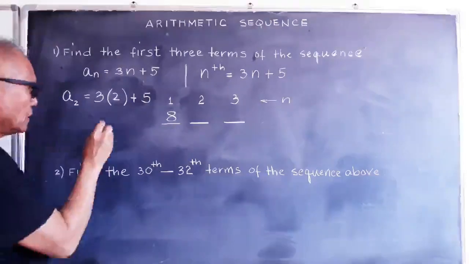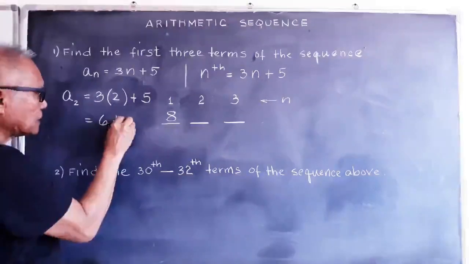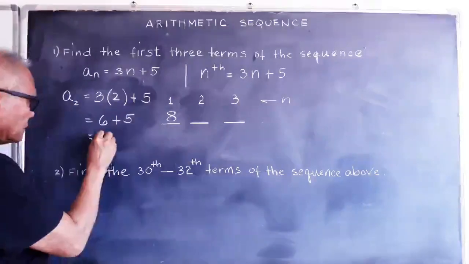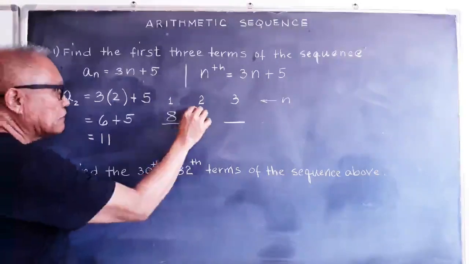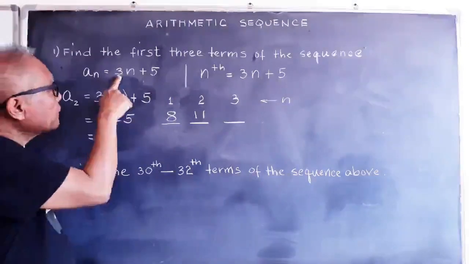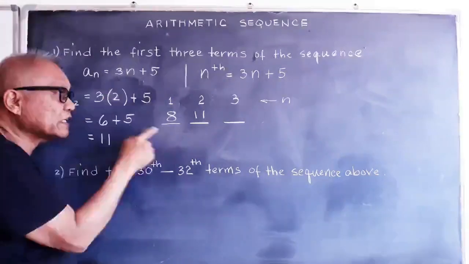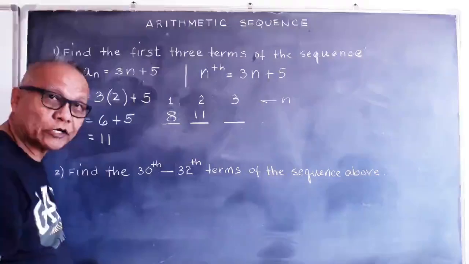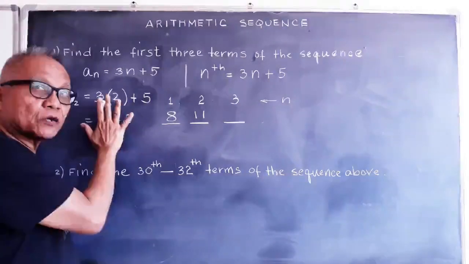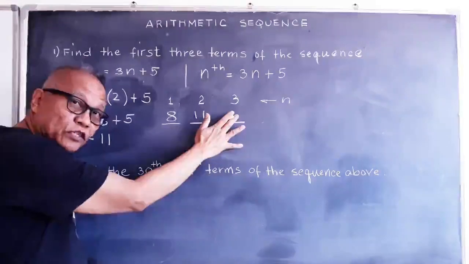So we have 3 times 2 is 6, plus 5. We have 6 plus 5 is 11. So this one is 11. Now you see, class, this one is the difference. When we already have a number here, we just add the difference 3 and we have 11. That is the shortcut. So we know the third term without using this equation anymore. We just add 3 to 11 and we have 14.